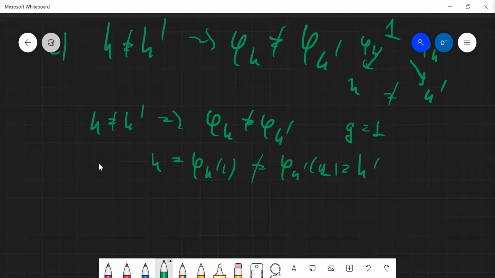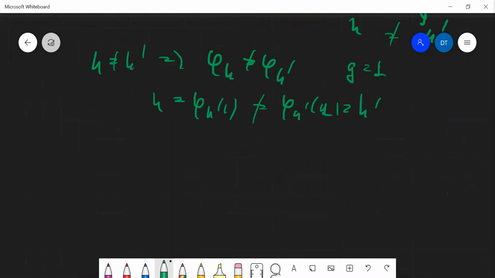Okay. And now we want to show that each homomorphism can be presented in this form. So we want to take an arbitrary homomorphism. Yeah, but we have already done this. But here there is a subtlety. We've done it for the group Z, but here it's for the group Zn. And here we want to prove more.